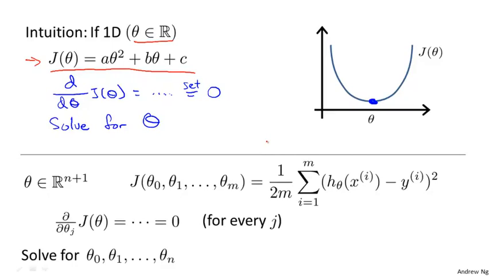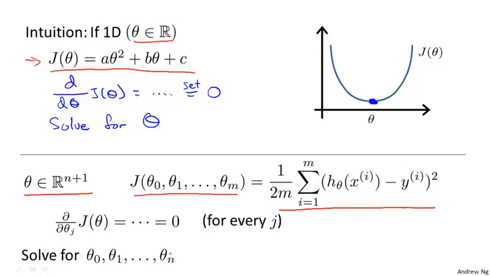In the problem that we're interested in, theta is no longer just a real number, but instead is this n+1 dimensional parameter vector. And our cost function J is a function of this vector value, theta 0 through theta n, and the cost function looks like this sum of squared errors cost function on the right. How do we minimize this cost function J?